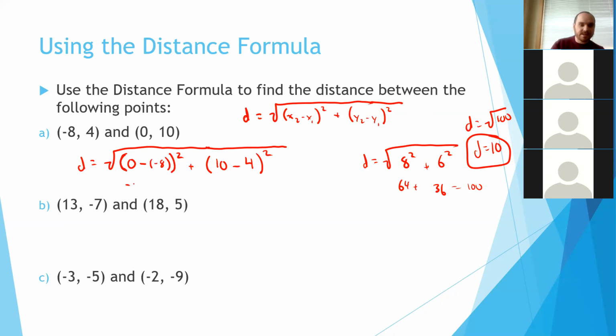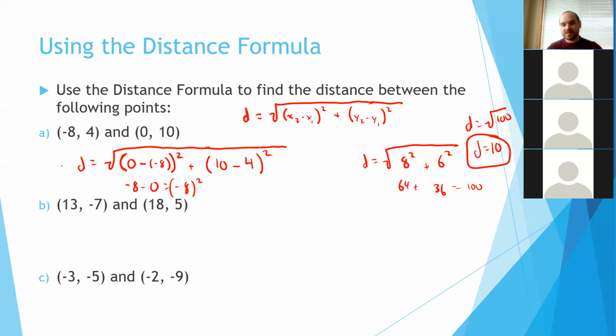Let's say I had a -8 minus 0 instead. That would give me -8 here, but I'd have -8 squared. Is -8 squared positive or negative? Oh wait, never mind, because it's -8 times -8. So when you square a number, it gets rid of the negatives.